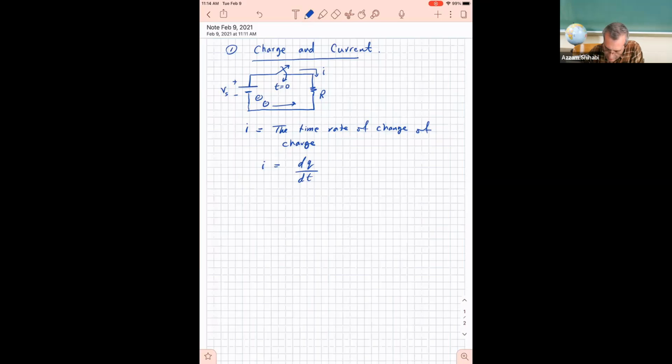Q is charge, and it's measured in coulombs, C. And time is measured in seconds.